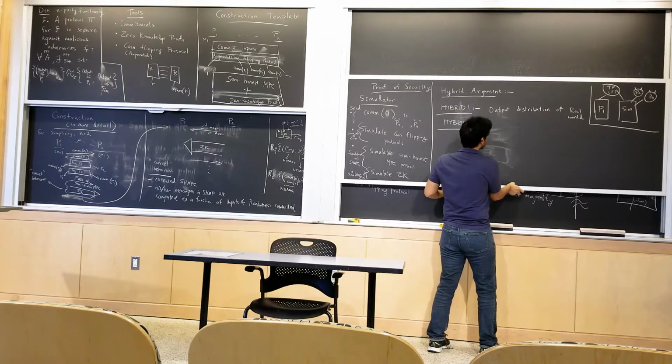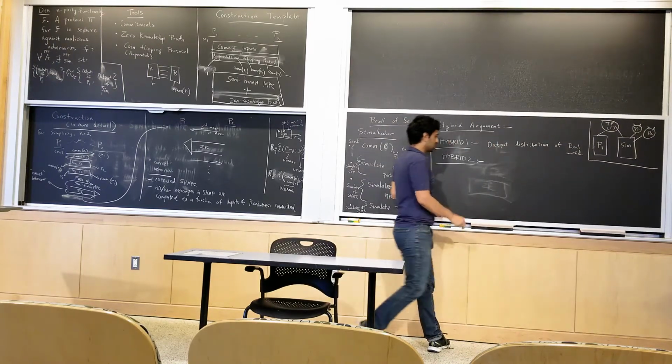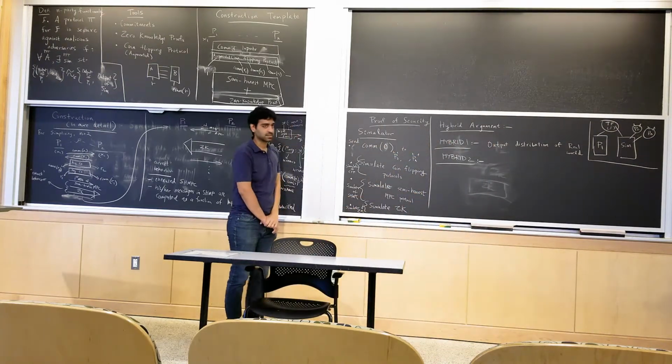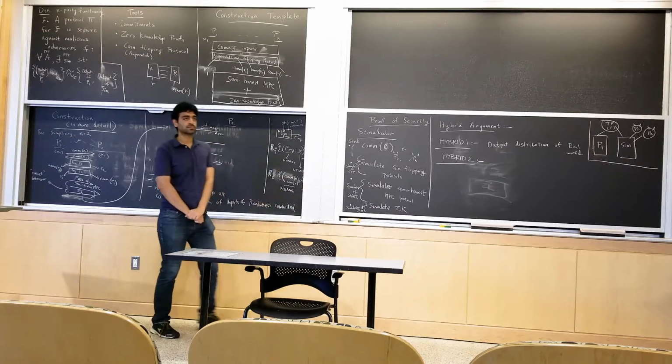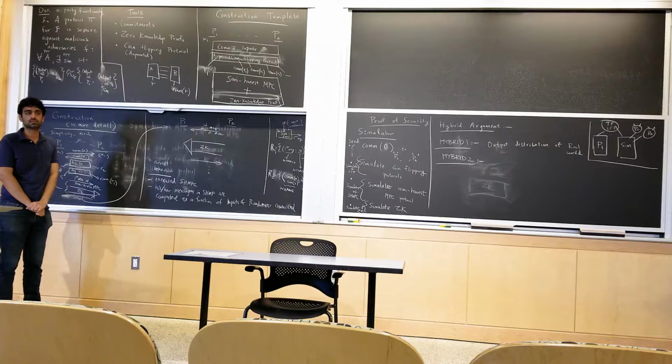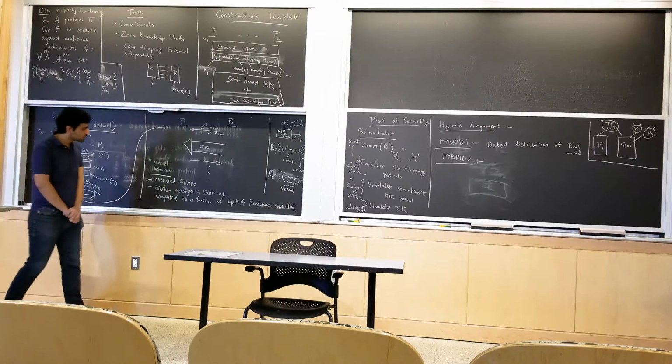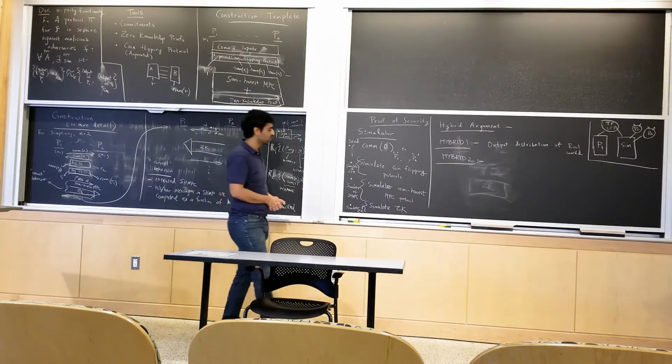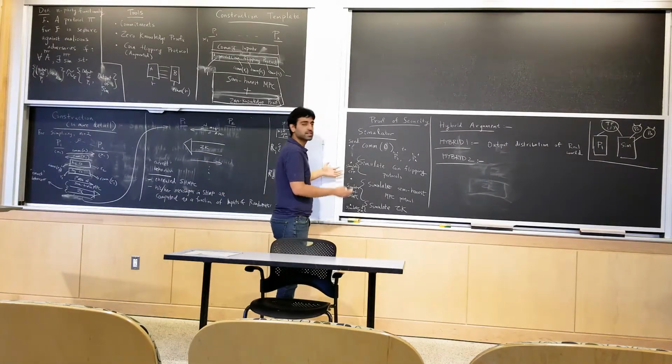So what is the next step going to be? Yeah, you turn one of the things into the simulator that we're making. Good. So we will just simulate one of these protocols.